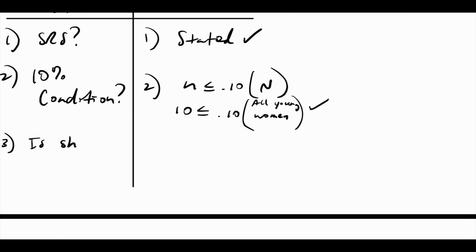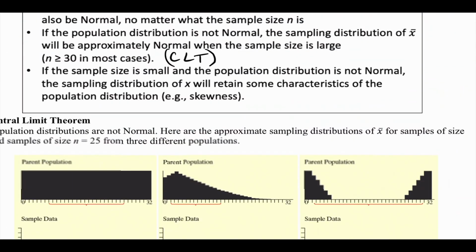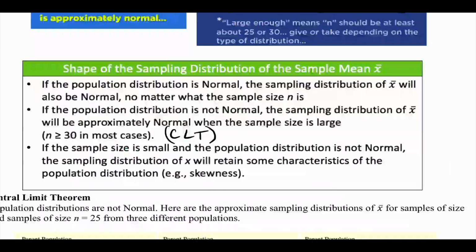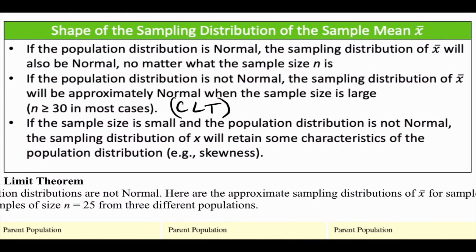Number 3 is shape, approximately normal. We have 3 options to put there. Let's go back to those 3 right here. You're going to pick one of the 3.